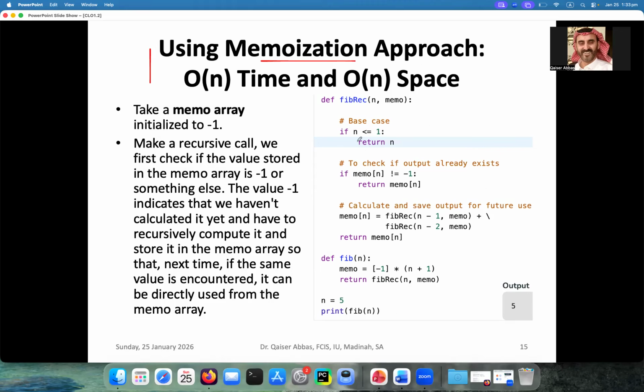The running time of this algorithm is order of n, and the space it takes is order of n. That is the same Fibonacci that you saw in the previous brute force approach with complexity order of 2 raised to the power n. Now, with memoization, running time is reduced to order of n, and space is also order of n.